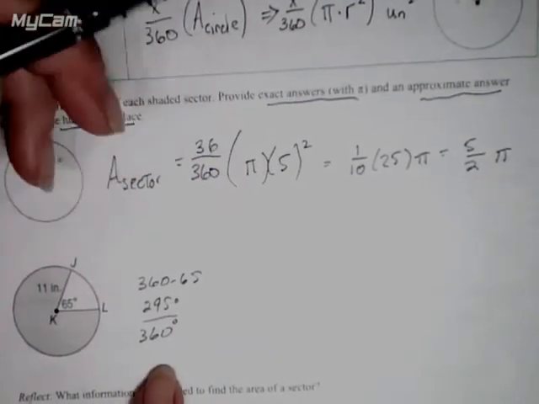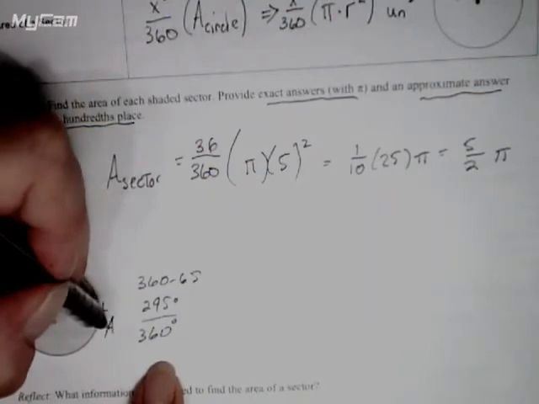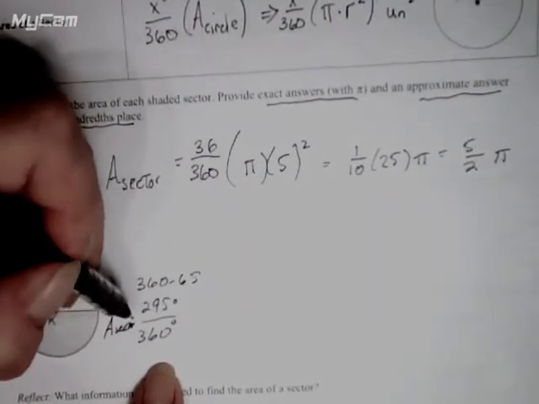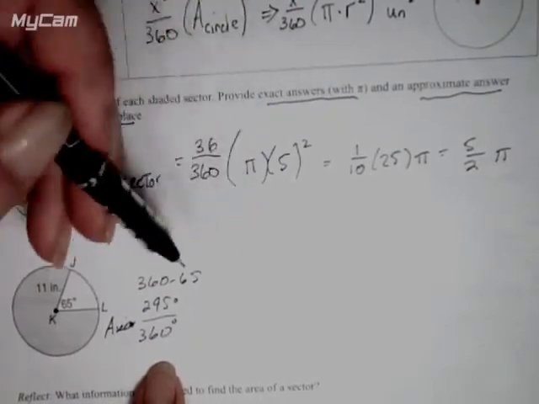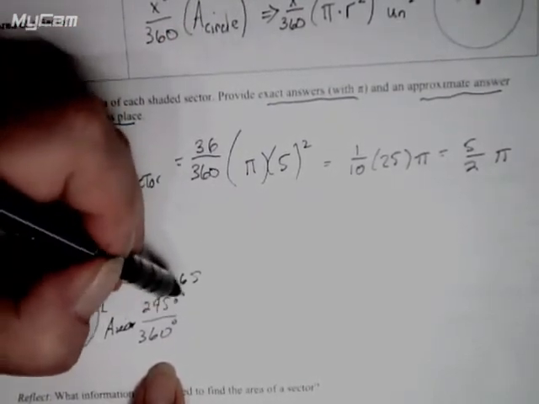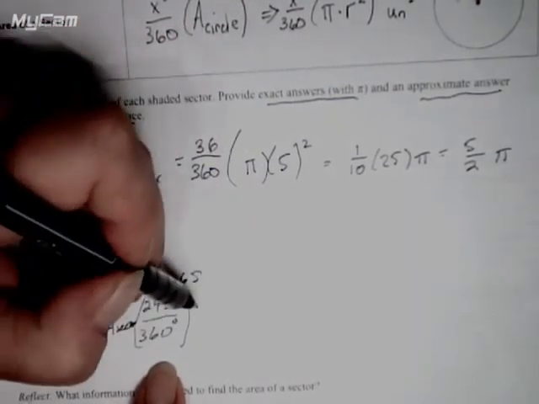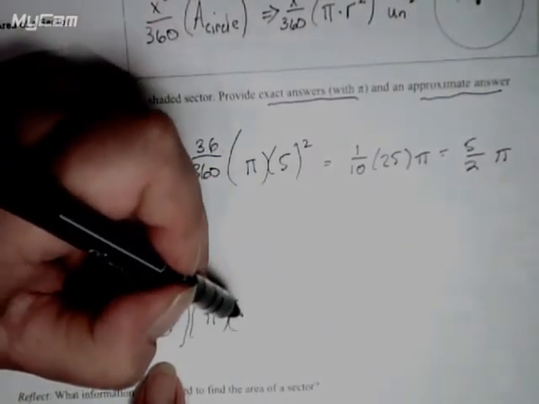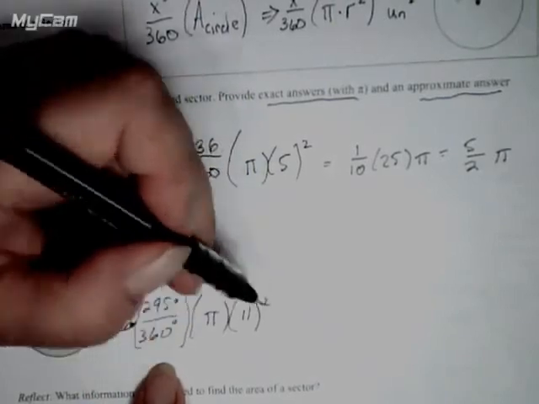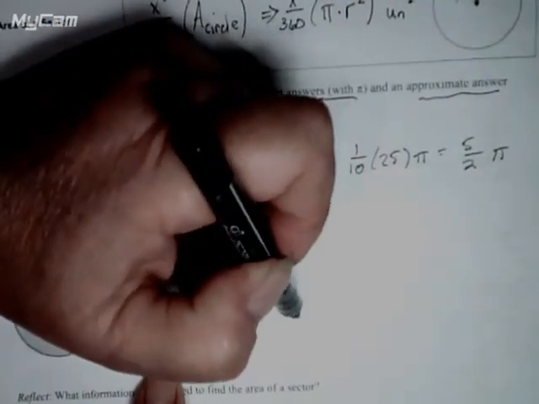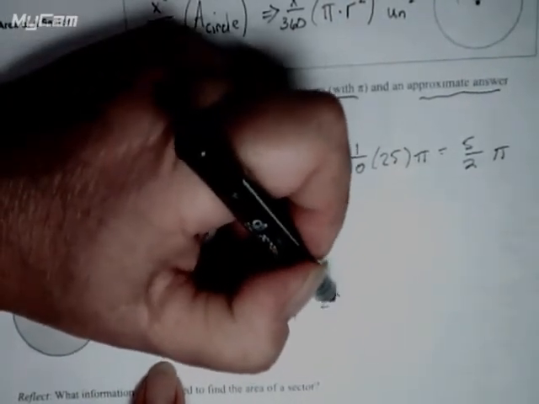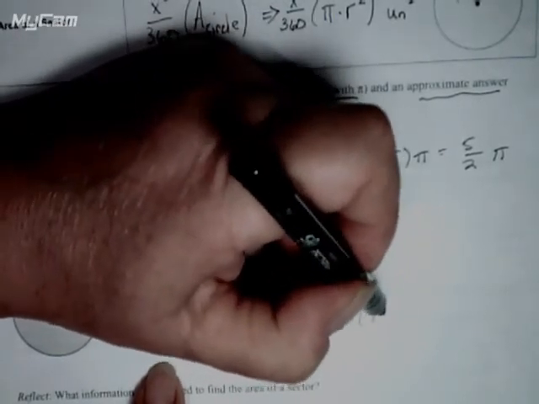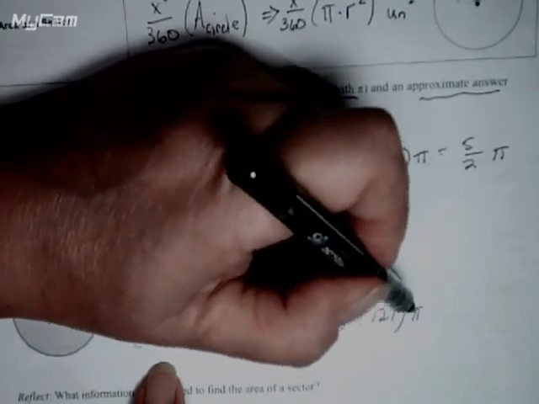But I'm going to choose to do it at the beginning, because this is going to be a big piece of this pizza. 295 out of 360 times pi times 11 squared. Further reducing, it's 295 out of 360 times 121 pi.